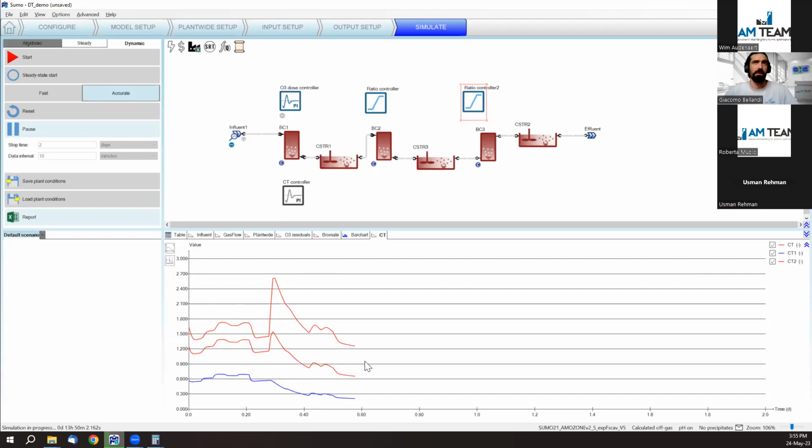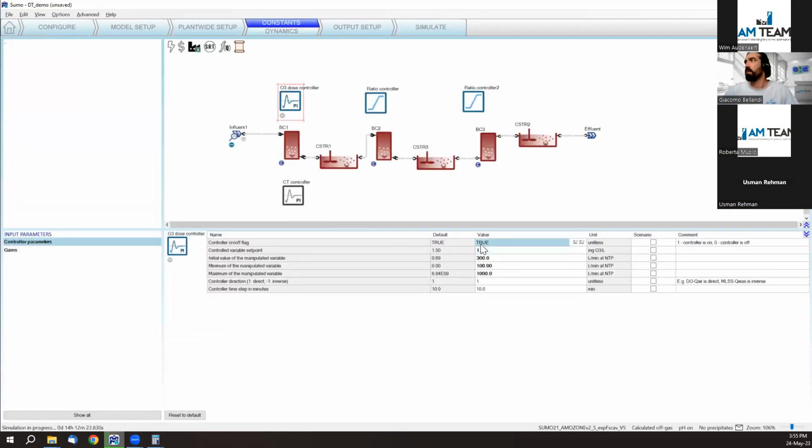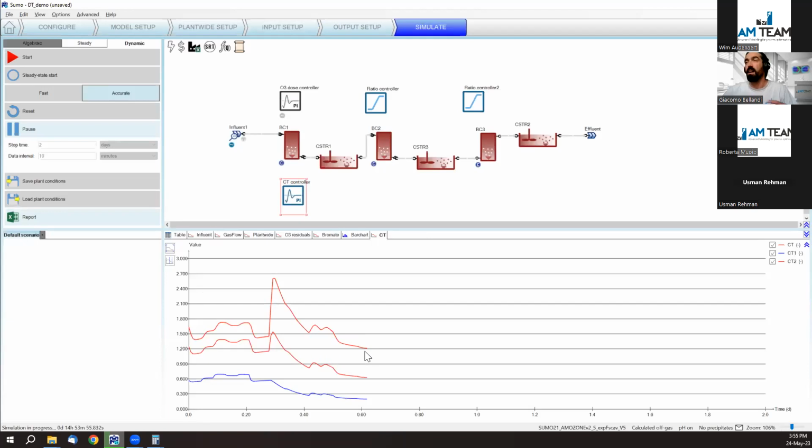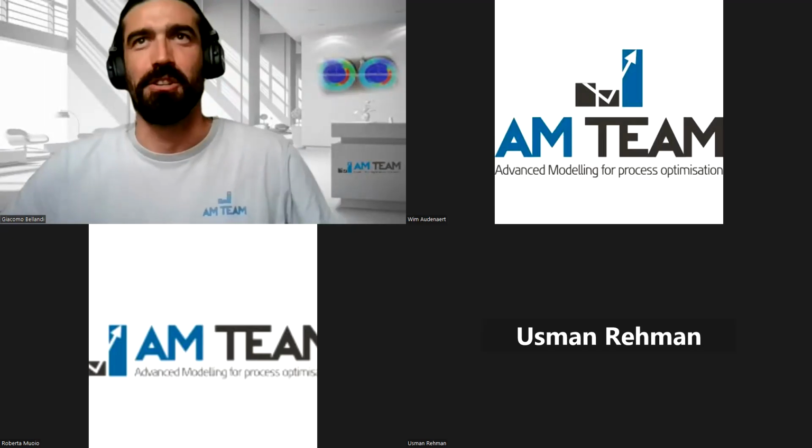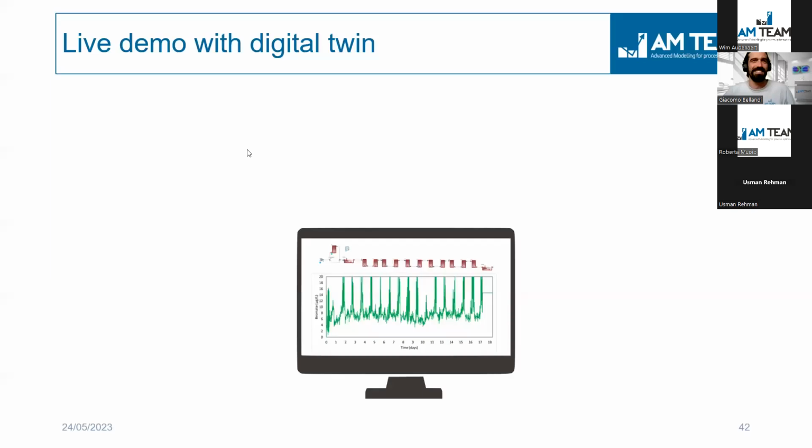In that case, that would be the optimal choice, because the ozone dose will be minimized to maintain the target disinfection rate. And with this, I will give the line back to Wim, because I think we might be short on time at some point. Thank you.